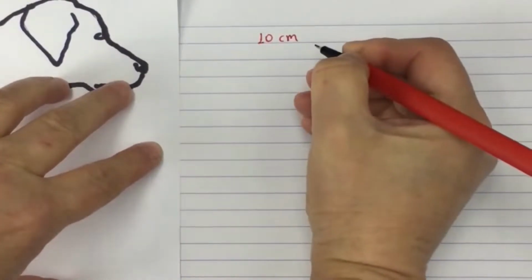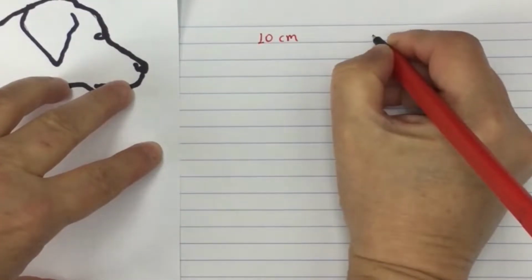For my dog, because I know the measurements of my dog, and I have already created a swatch for the circular needles for the rib stitch and for the stockinette stitch that I am going to use, I know that in order to get 10 centimeters of my rib stitch for the width, I need to cast on 16 stitches.